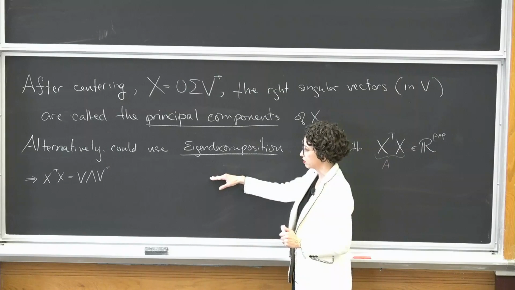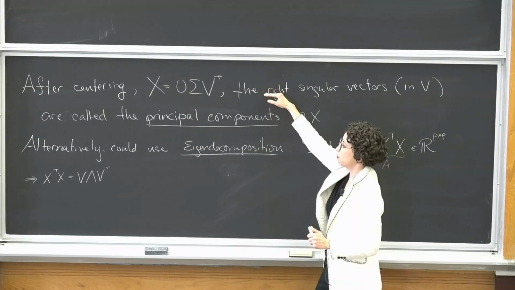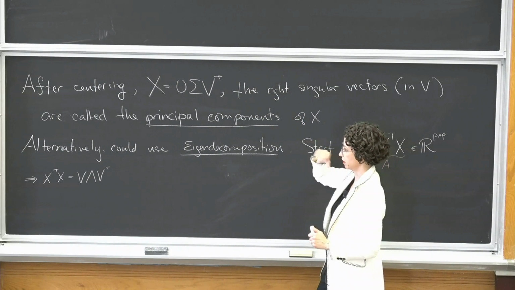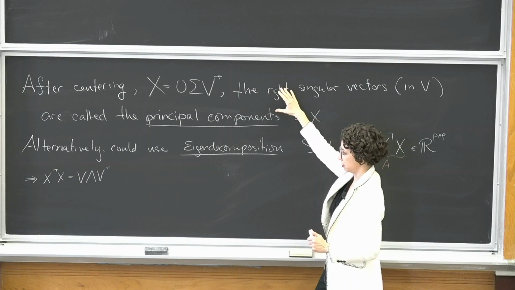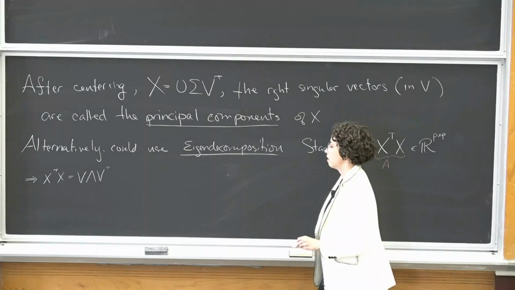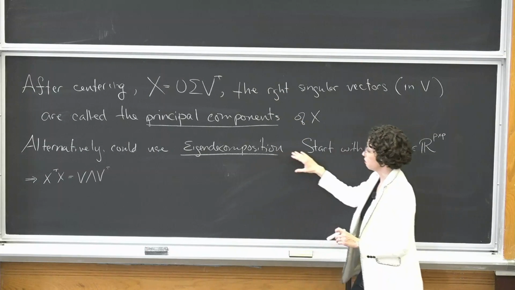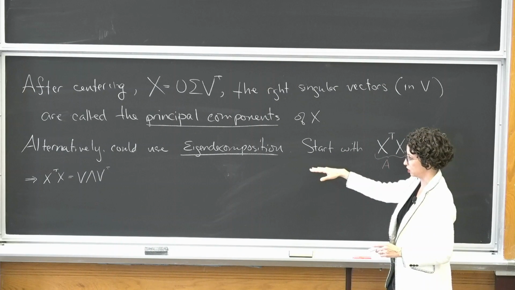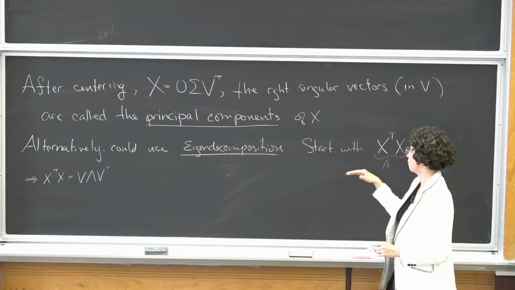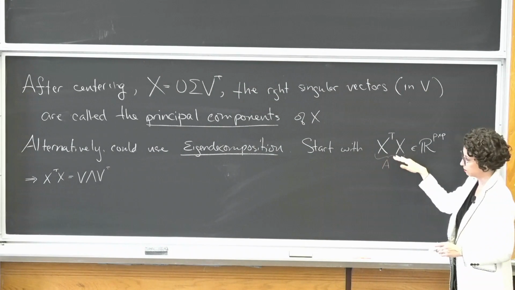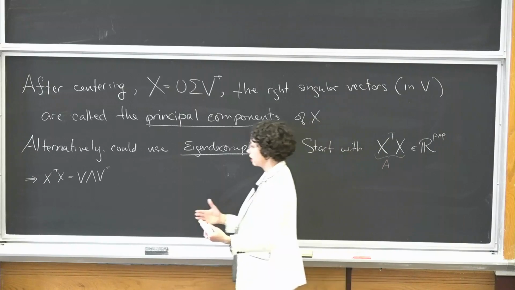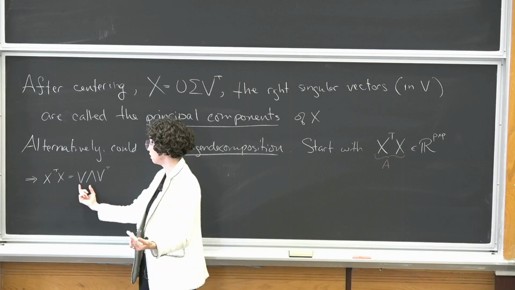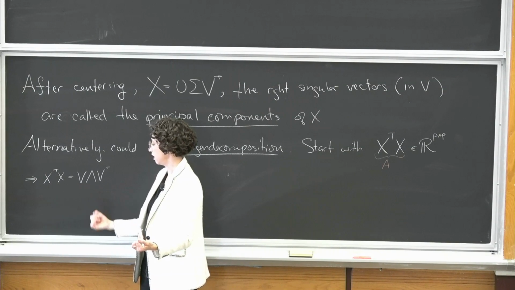Okay, so how is this related to what we were talking about before when we said we would compute principal components using the SVD? So first of all, when people talk about computing PCA using the eigendecomposition, they will compute X transpose X, then they will do an eigendecomposition, a routine that's in NumPy, for instance, to get these matrices V and lambda.